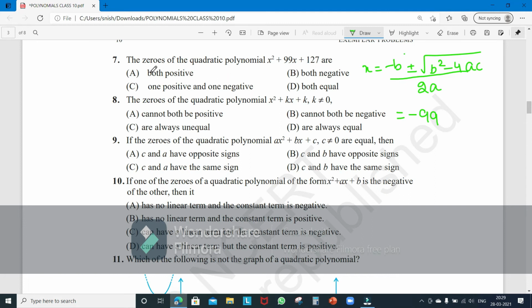So here it's not like finding whether they are real or equal or something. We should find the sign of the roots. Are they positive or negative? So let's directly apply this formula. Minus b plus or minus under root of b square, 99 square, minus 4ac. A is 1 into c, it should be under the root, okay, divided by 2 times of a, 2 times of 1.